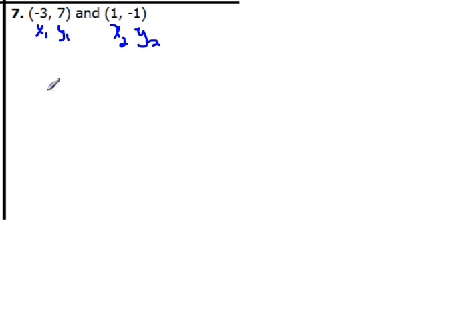Okay, so the slope formula again is m equals y2, so that's -1, minus y1, which is 7, over x2, which is 1, minus -3.